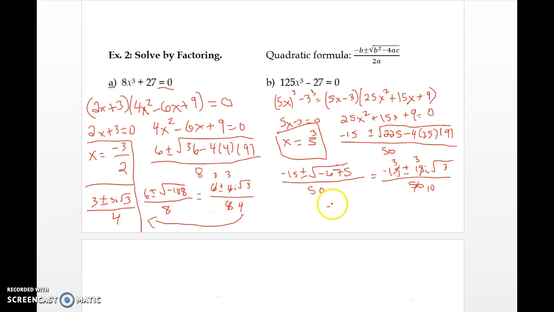So I get negative 3 plus or minus 3i root 3 all over 10. So x could be one of these two numbers right here, or it could be this third number here. And those are your answers.